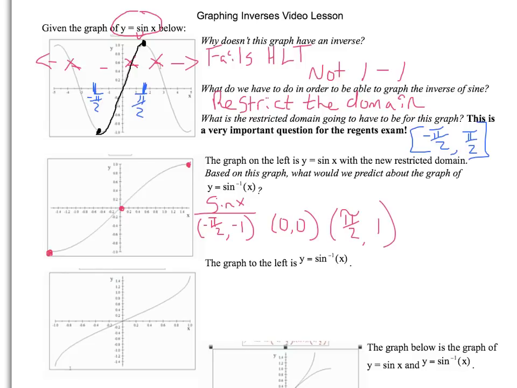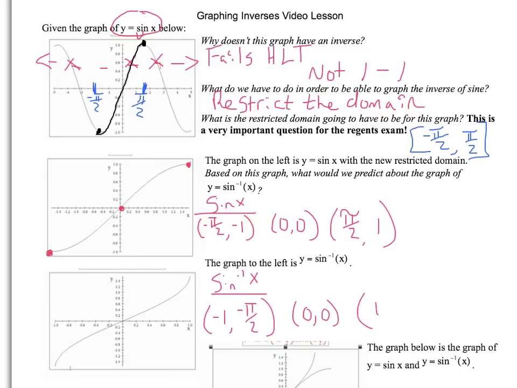If you remember about inverses, you have to switch the x and the y. So instead of graphing the point negative pi over 2, negative 1, I'm going to graph the point negative 1, negative pi over 2. 0, 0 remains.